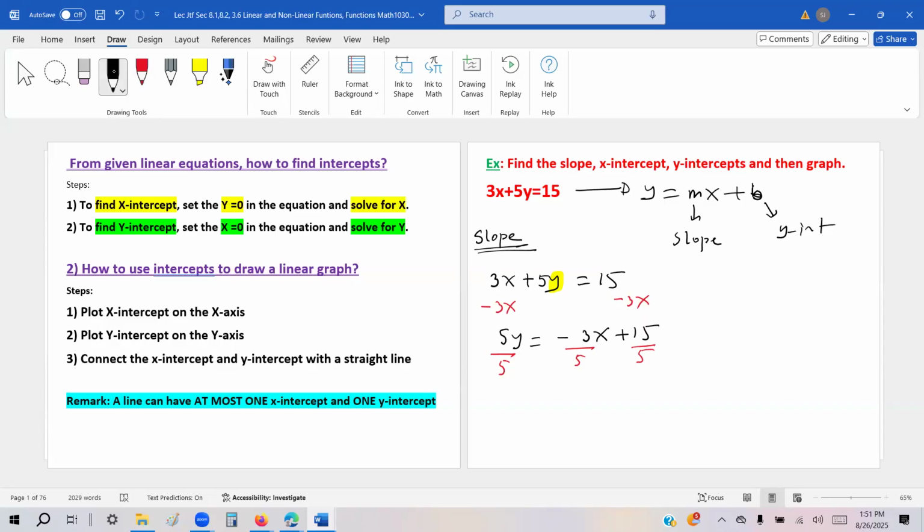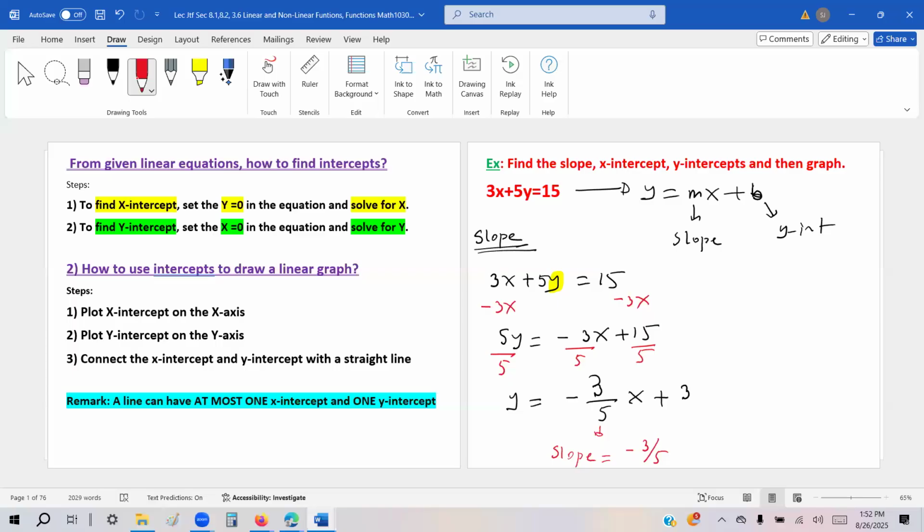So we get y equals -3/5x plus 3. And now what is this? Slope. -3/5. No x.